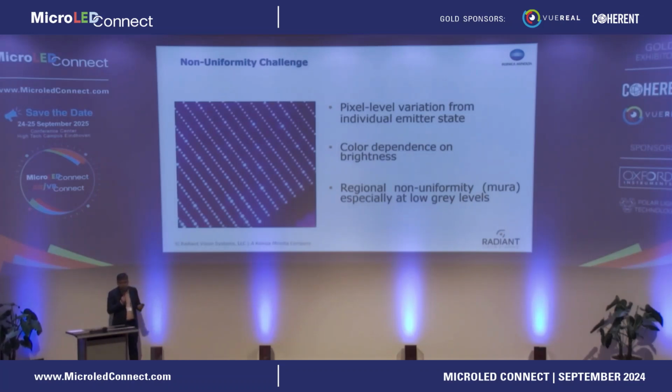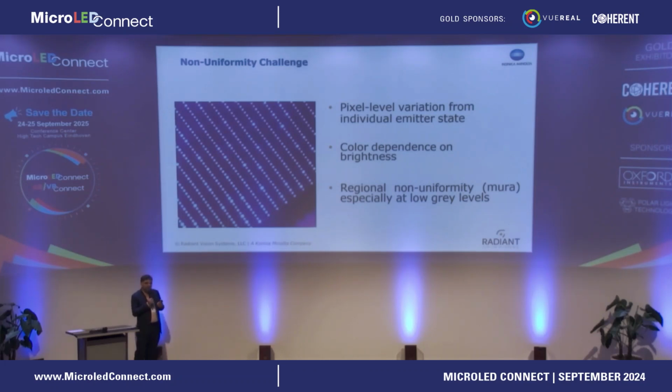Then we also have the color dependency. We have seen a variation of 0.01 in the 1931 CIE curve. So we have seen significant color differences across the display, and this is just 2 centimeters long.